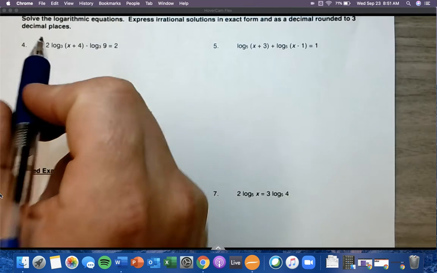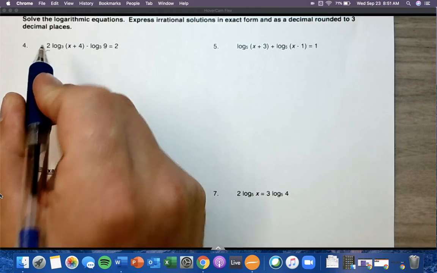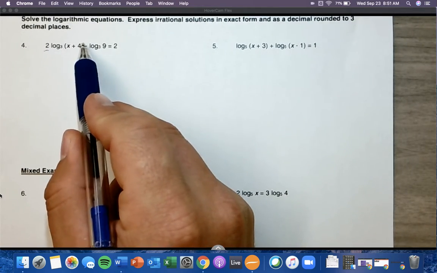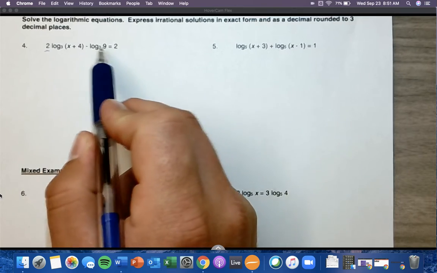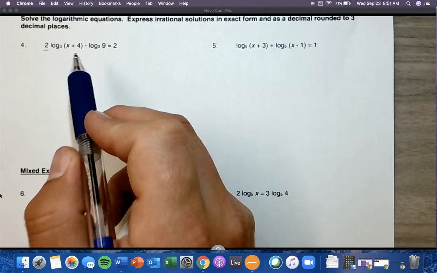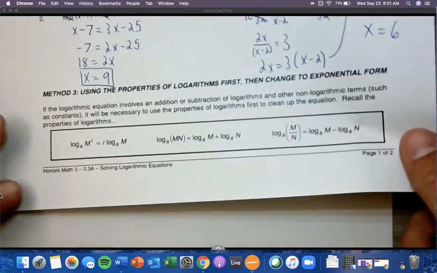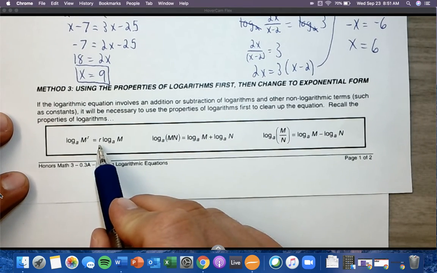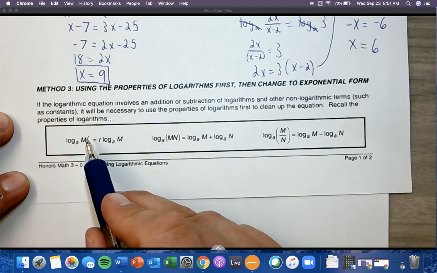So the first thing I have to do is deal with this 2 on the outside. I've got to bring that inside of this logarithm so that I can use my property of logarithms that are subtracted. If I look at my properties, if I have a coefficient outside of the logarithm, I can bring it inside the logarithm as an exponent.